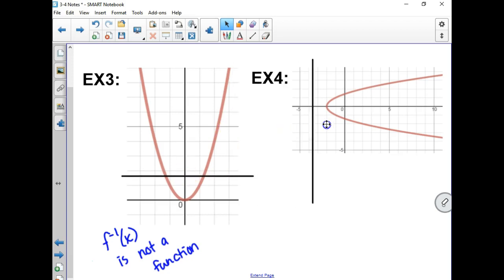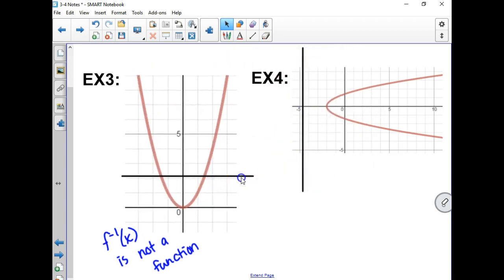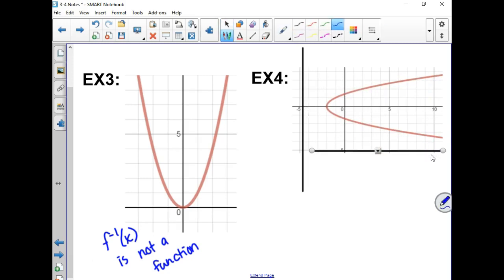Okay. For example 4, is the original a function? Okay, the original is not a function. But if we do the horizontal line test, the inverse is going to be a function, right? So although the original is not, f inverse of x is a function.